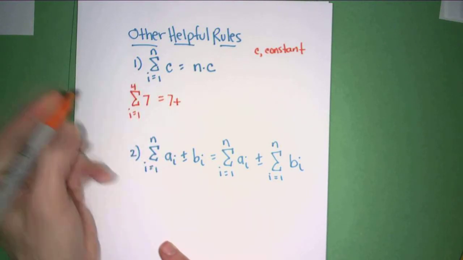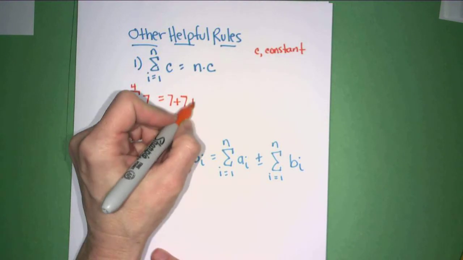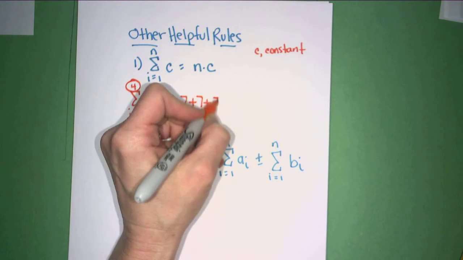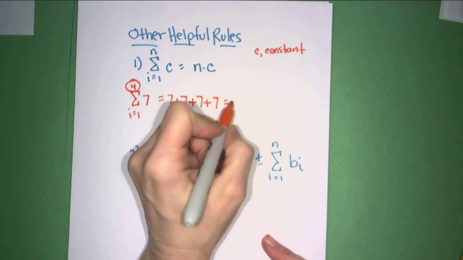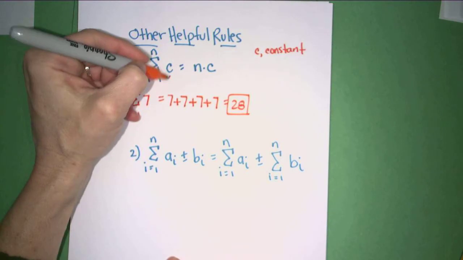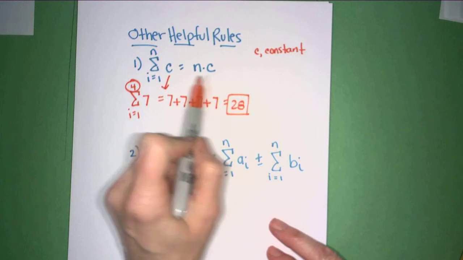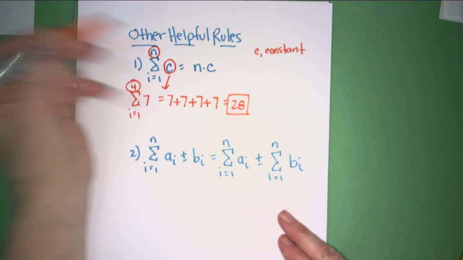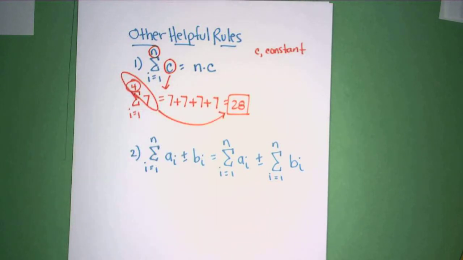Plus, if you plug 2 in for I, well, there's nowhere to go with it, so it's just 7. 3 in, 7, and finish at the top, 7. Well, 7 plus 7 plus 7 plus 7 is 28. That's one way to do this problem, this side of it. But if you don't want to mess with sigma, and you just want the short answer of it, just take n times c. So if you had taken 4 times 7, you would have gotten to 28 much faster.